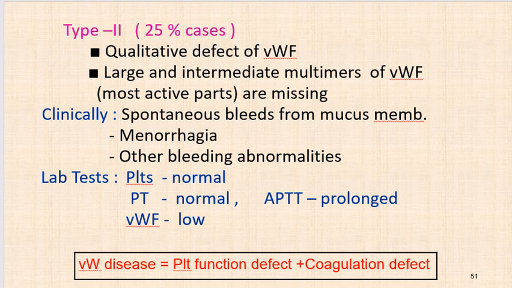So, in von Willebrand disease, we should remember that there is platelet function defect along with the coagulation defect. And when there is platelet function defect, the bleeding time will also be prolonged in this case. In spite of the platelets being normal, the bleeding time will be prolonged.